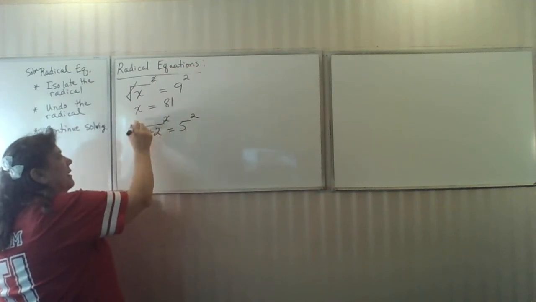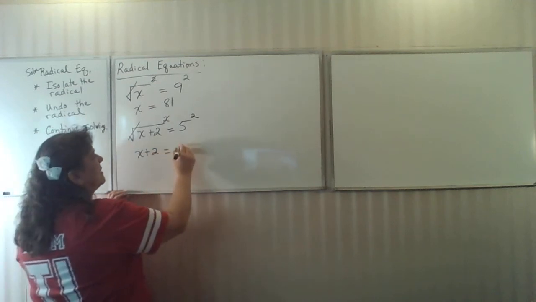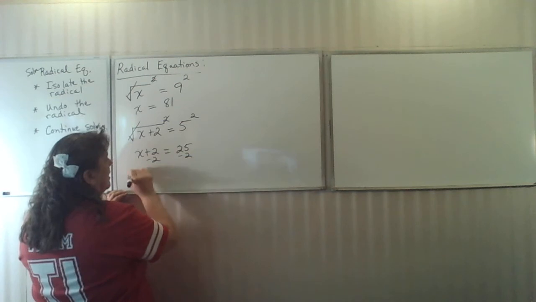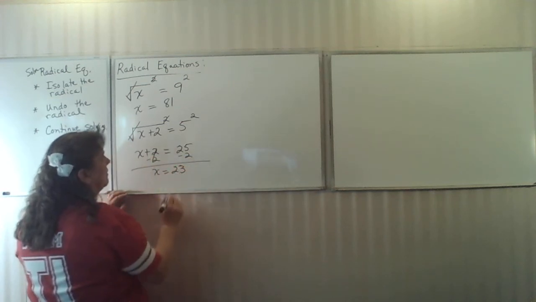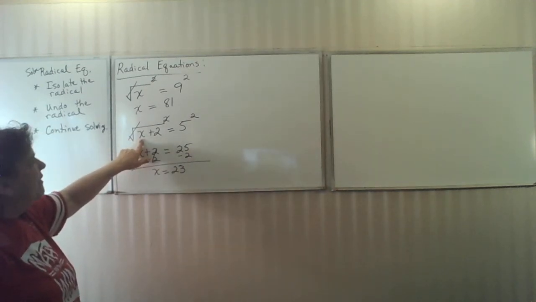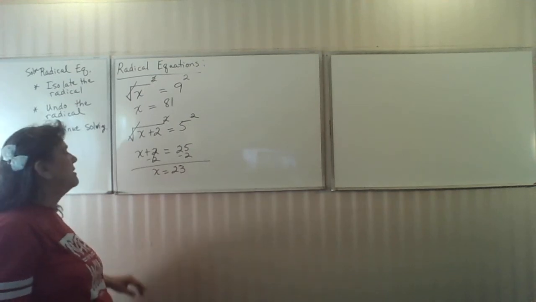And squaring undoes my square root, leaving me with x plus 2 is equal to 25. Subtract my 2, and I end up with x is equal to 23. 23 plus 2 is 25. The square root of 25 is 5. So therefore, I know for sure I have the right answer.